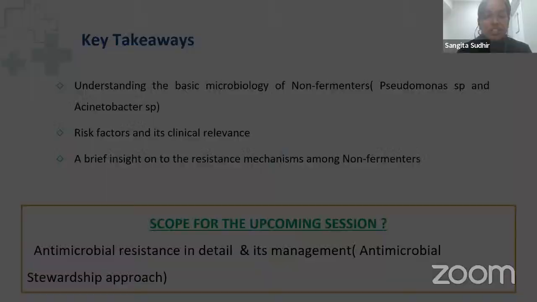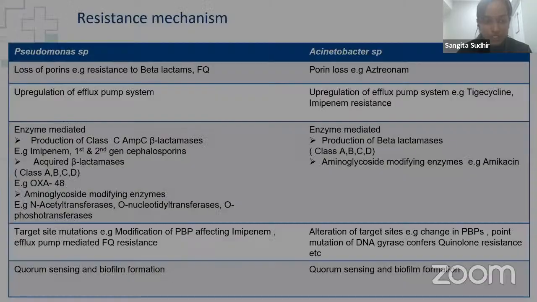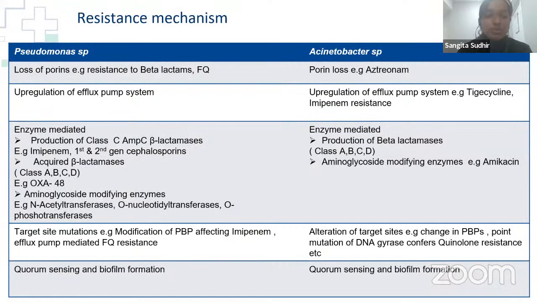So we have a question, a relevant question: to differentiate between enzyme-mediated resistance of Pseudomonas aeruginosa and Acinetobacter. As I already mentioned, some enzymes are inherent and some enzymes are acquired.